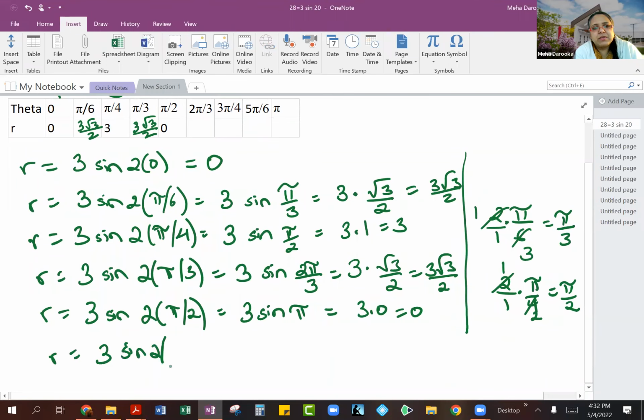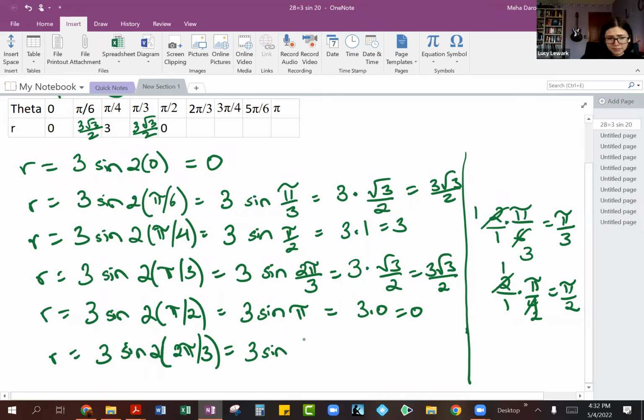Now you are doing 2 times 2 pi over 3. What will that angle end up becoming when you multiply 2 times 2 pi over 3? Four pi over 3. Very nice, yeah, because again, the denominator is 3, so we cannot cancel out the 2, so you end up multiplying 2 times 2, which becomes 4 pi over 3.